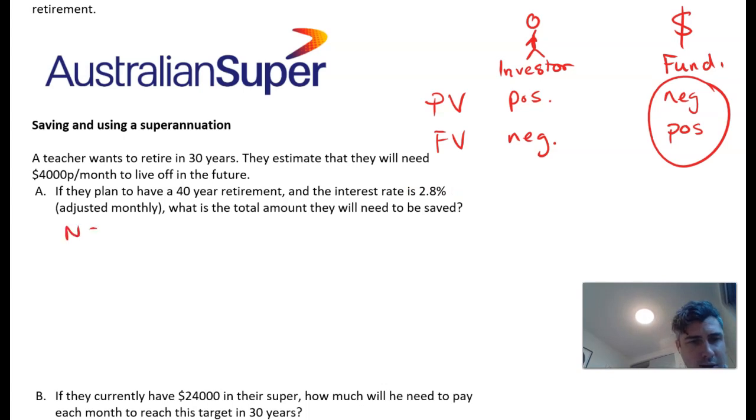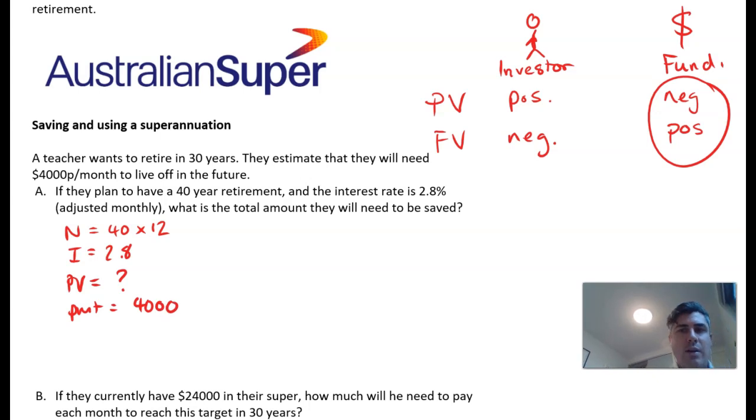So N is going to be 40 years, so 40 times 12. I is 2.8. PV is going to be an unknown number. PMT, we're told, is negative 4,000. Sorry, positive 4,000, because that's going to come to the investor. Remember, anything going towards the investor means it's going to be positive.